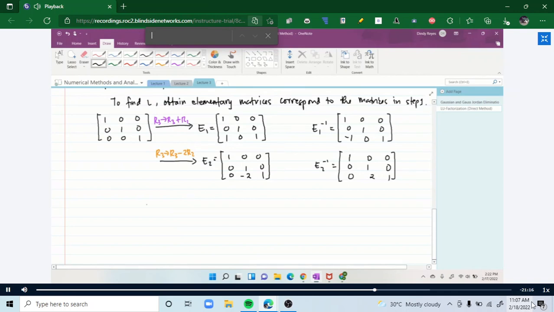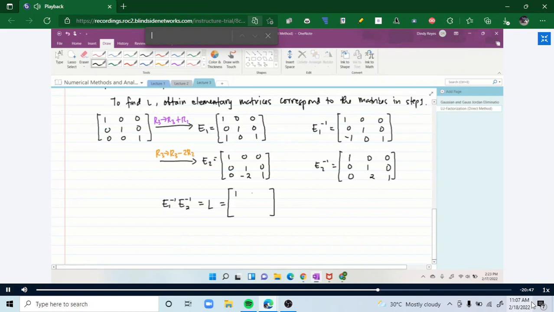Now, you have to multiply the product of those inverses. So the inverse of elementary matrix 1 times the inverse of elementary matrix 2 is equal to a lower triangular matrix. Now, without performing the multiplication of matrices anymore, what you have to do is copy all the common entries in E1 inverse and E2 inverse, and all the entries that changed also.